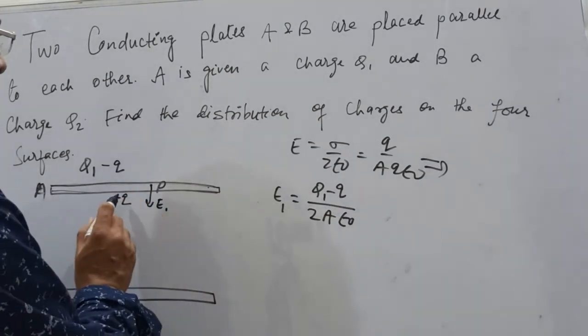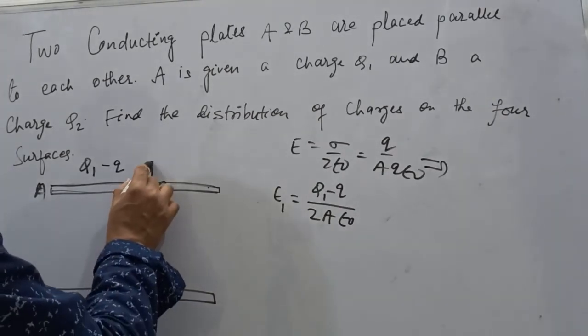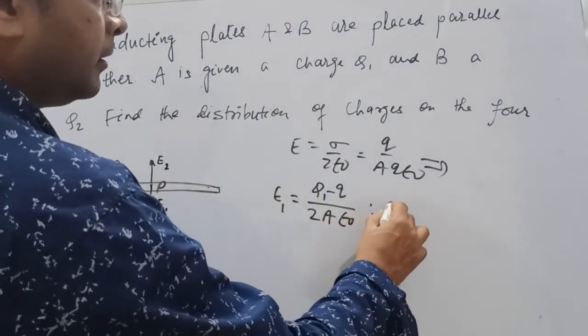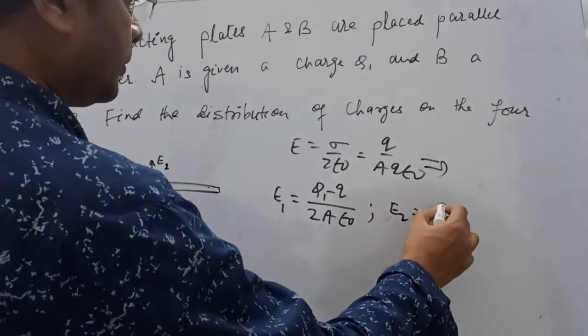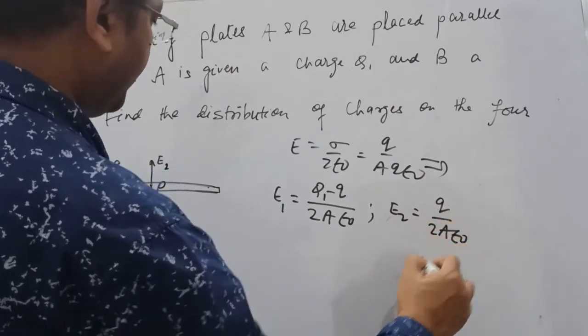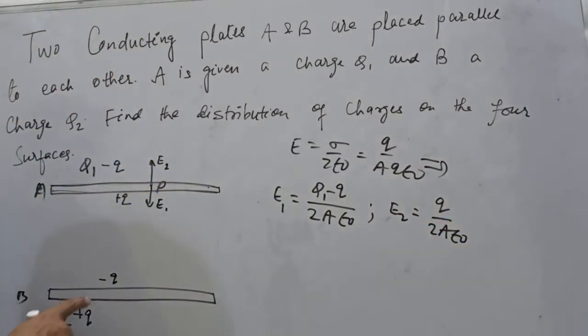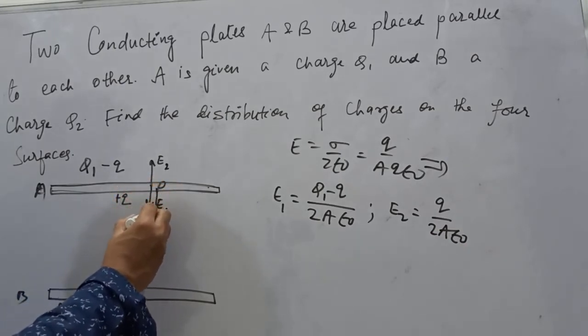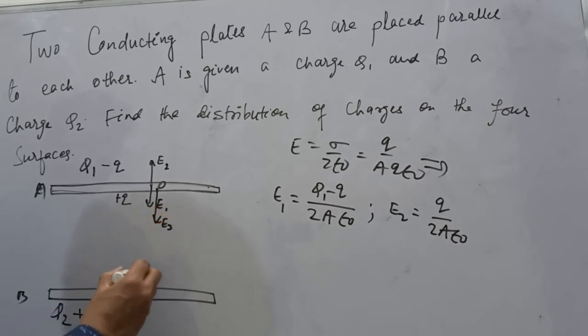Now, due to this plus q charge, the electric field is E2. So we can write E2 is equal to plus q upon 2A epsilon naught. Now this is minus q. Due to this, the electric field at this point P will be like this. This is E3.